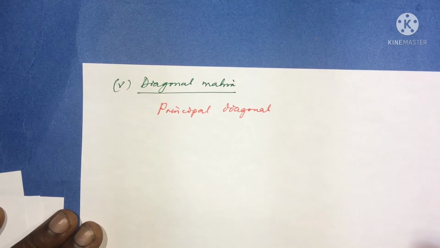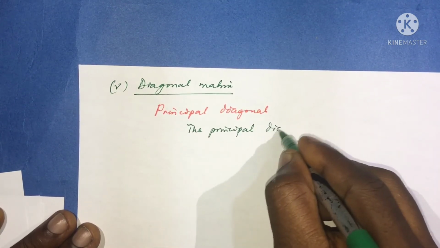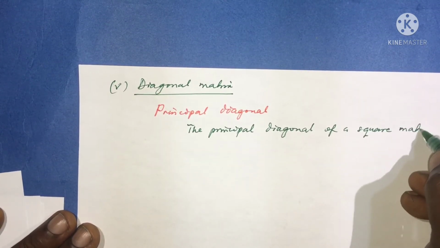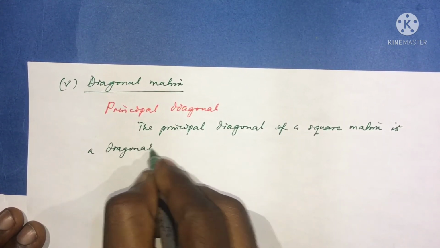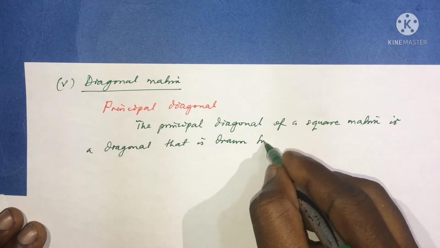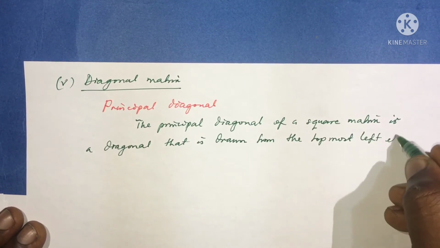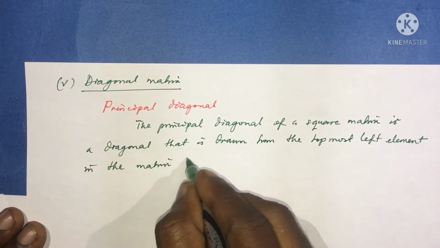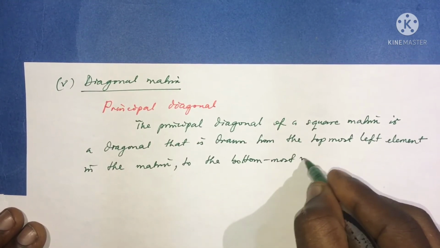The principal diagonal of a square matrix is a diagonal that is drawn from the topmost left element in the matrix to the bottommost right element.